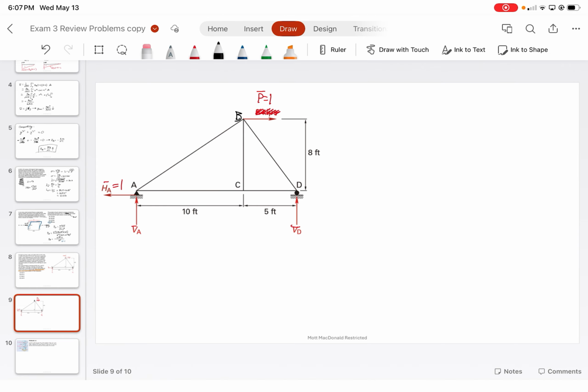From here, we do sum of the moments about point A. We get P bar, which is 1, times 8 feet, plus VD bar times 15, which means that VD bar is just going to equal 8 over 15. This means that VA bar is just equal to 7 over 15. Wait, no, negative 8 over 15.